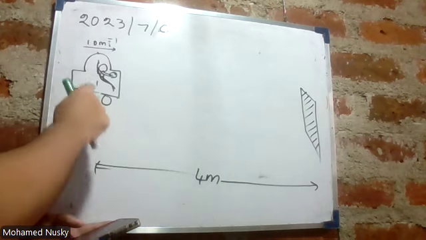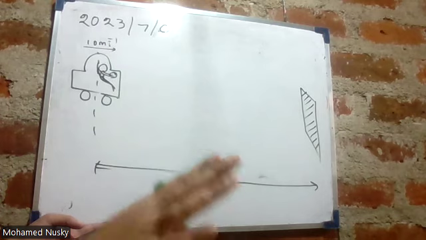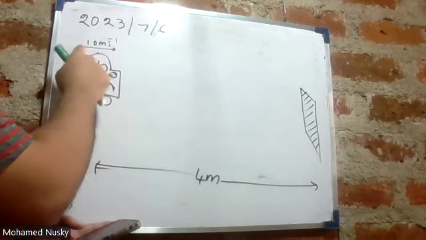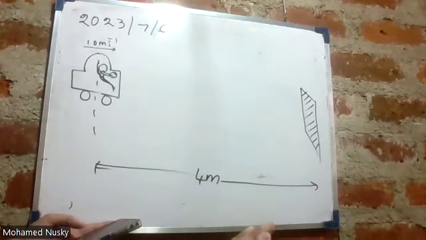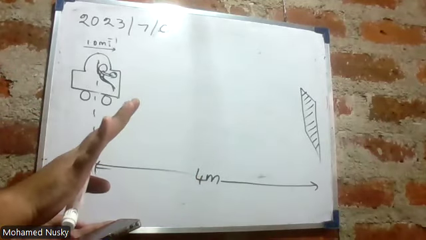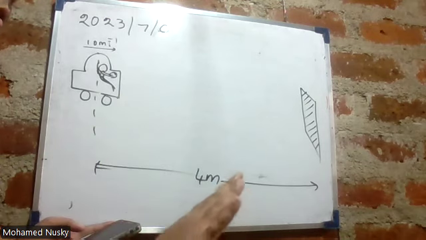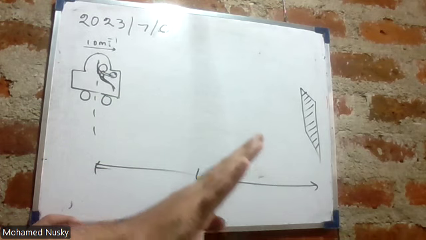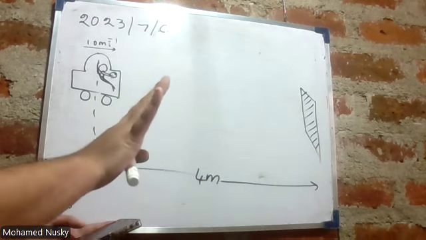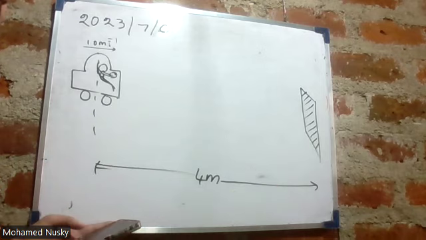He will be keeping his leg on the accelerator, and he will be moving with velocity of 10 meters per second. Once he sees the barrier, he will take his leg from the accelerator and he will try to keep the leg on the brake pedal. So the time taken for this person to take the leg from the accelerator to press on the brake pedal is what is known as reaction time.